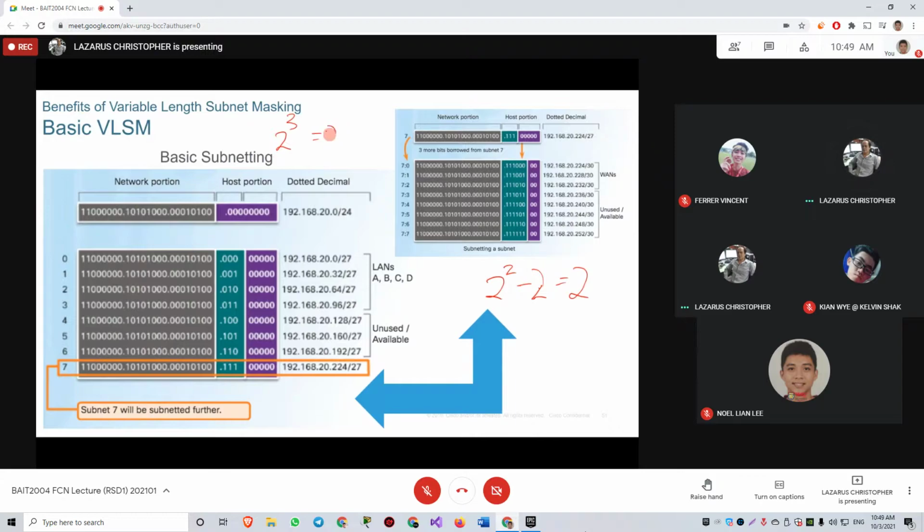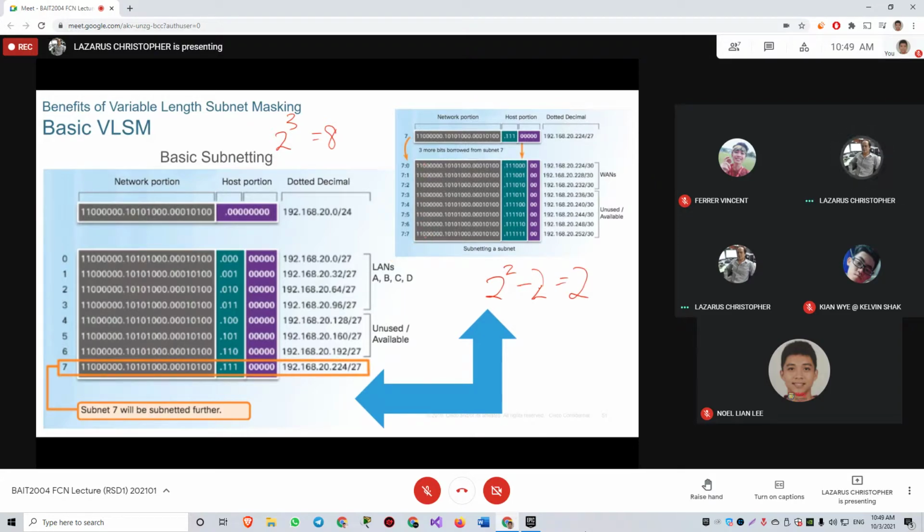You get 8. That's how many subnets you can create out of the 224. If you borrow 3 bits out of the 224, you get 8 subnets. So first subnet 0, 1, 2, 3, 4, 5, 6, 7.